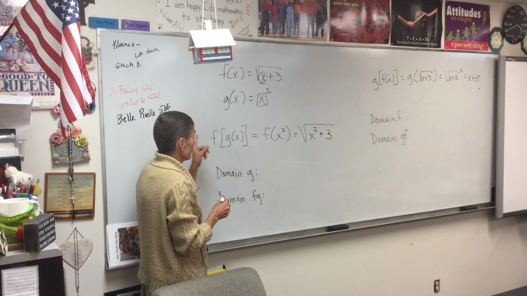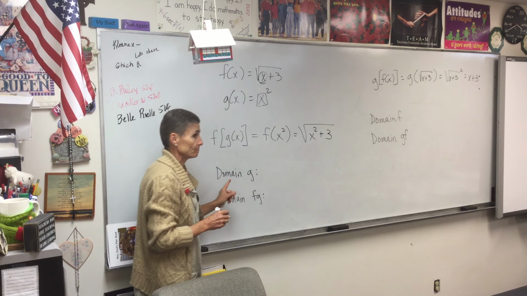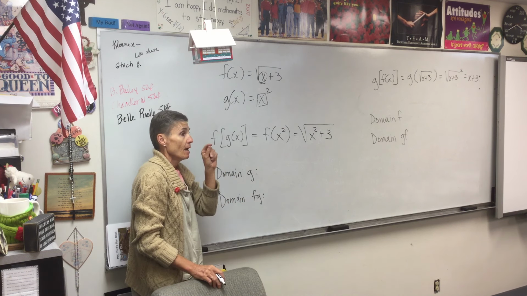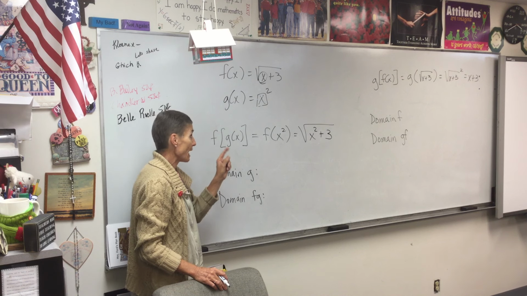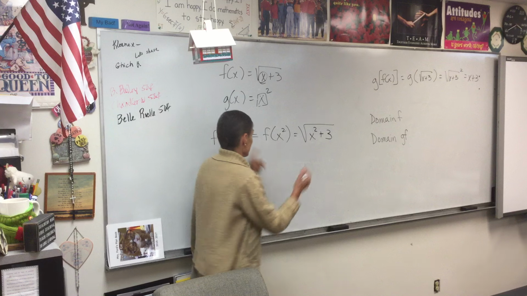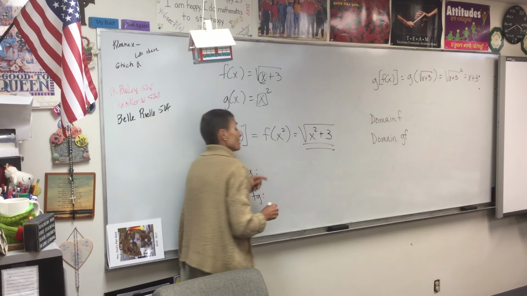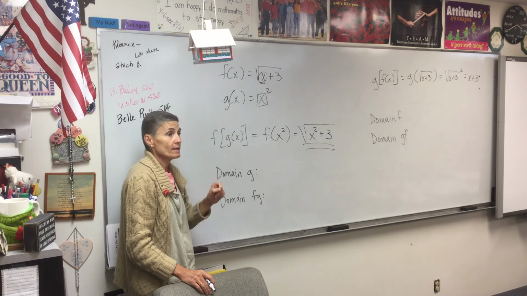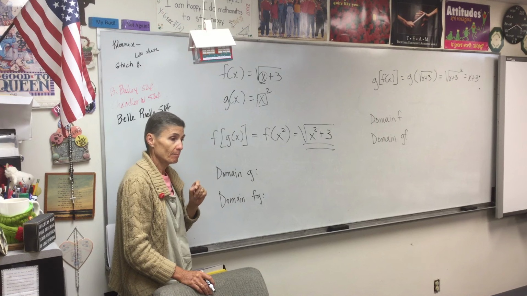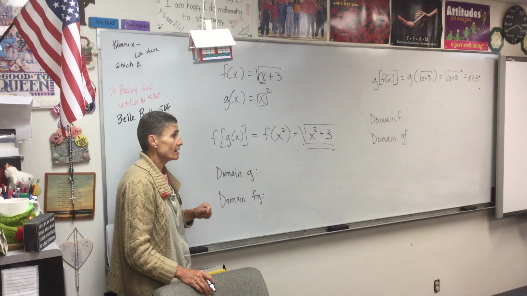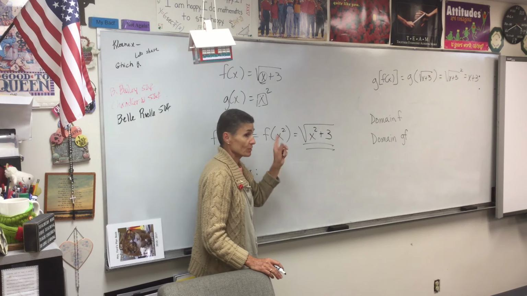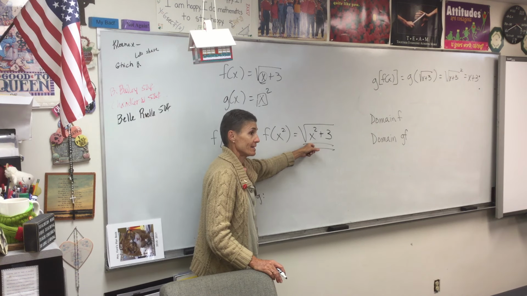Okay, now, I want to talk about domain. Because a lot of times the question will be after you've done the problem. So this is the answer you got. The question will be, what is the domain of the composition? And sometimes you never can look at just this.